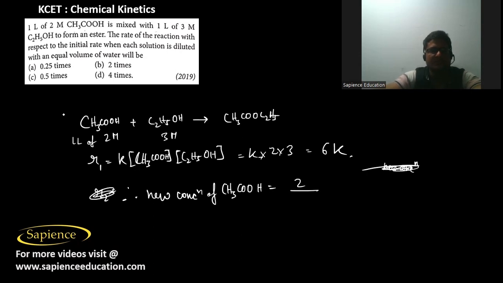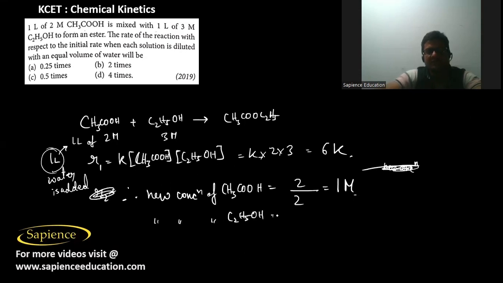An equal volume of water is added, it means that 1 liter of water is again added. So the total volume of the solution will be 2 liters. So therefore it will be 1 molar, the new concentration of CH3COOH.